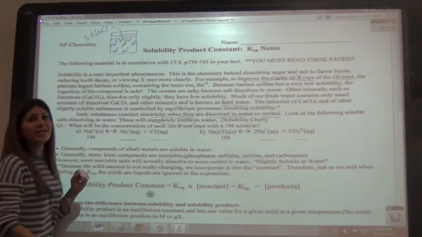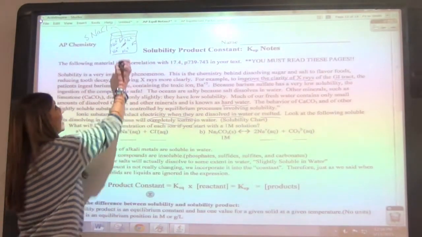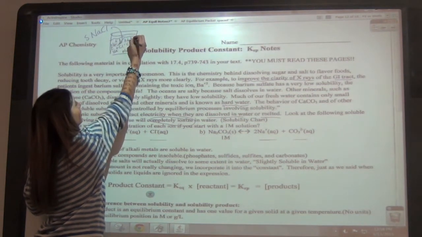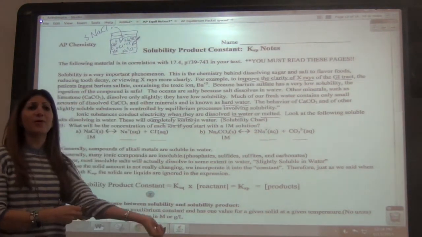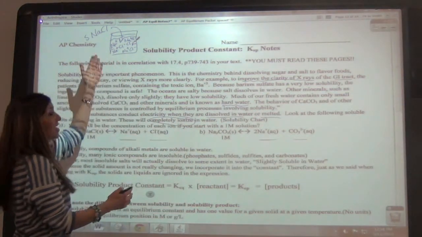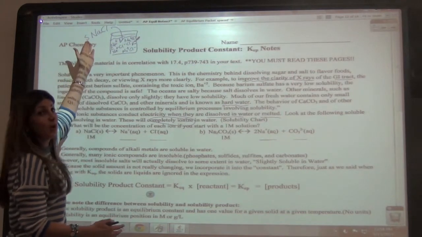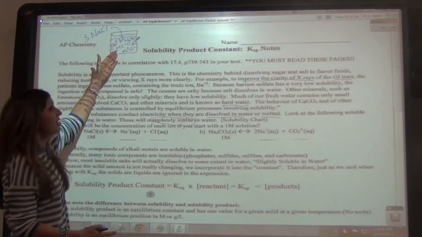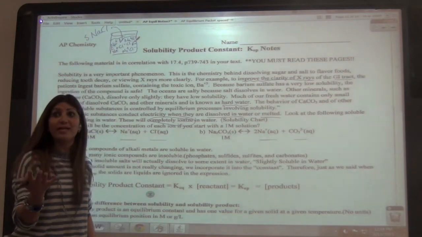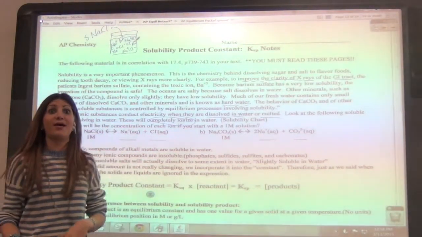And how many Cl minuses will I have? 5. 1, 2, 3, 4, and 5. Now when you're asked about molarity, you're asked about how many moles per liter that it is. And if we were saying that this was 1 liter and that was 5 molar to start of the NaCl going in, then how many moles of my Na plus do I have? It's still 5. And how much Cl minus do I have?